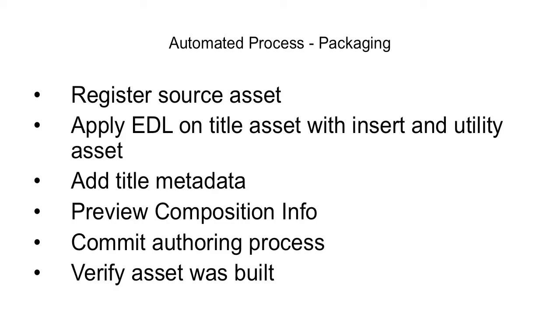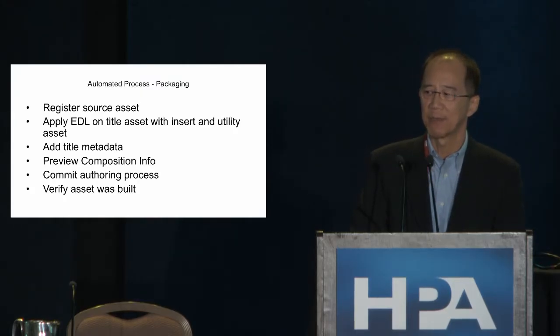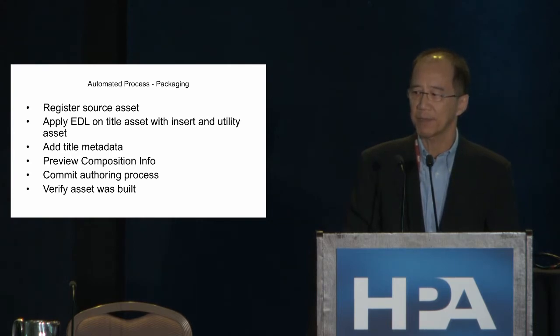Then after you add other information, at this step, the best way is to preview the composition list. You can play back the whole thing or spot check, see if the package is valid, is what we want.